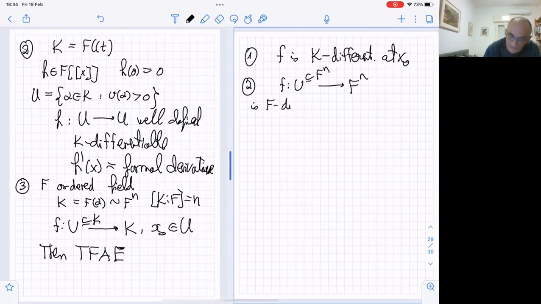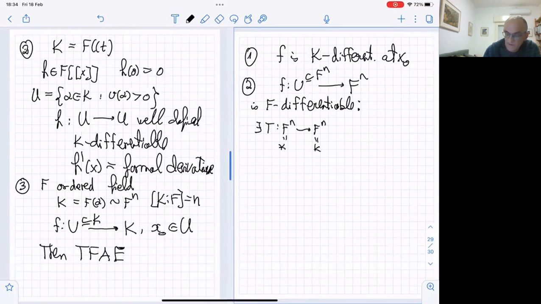So now I have to define what it means. I'll say exactly what I mean by F differentiable. I'm just copying the definition from basic calculus that we're studying. There is a T from F^n to F^n, but F^n we identify with K, so K is an F vector space, which is F linear.